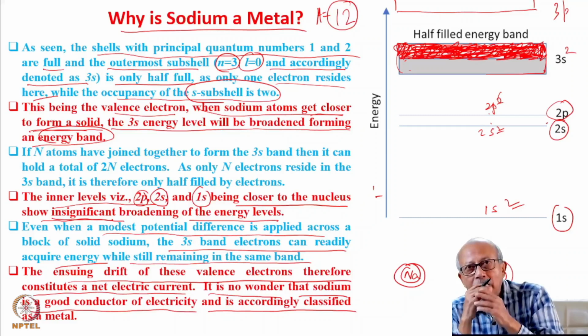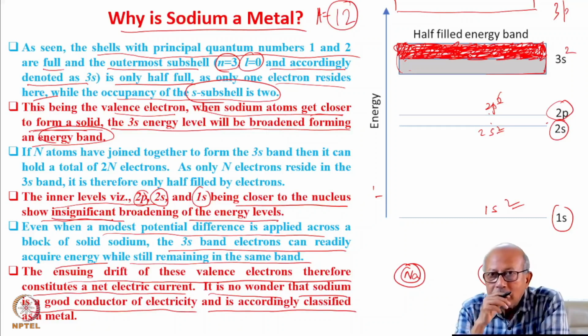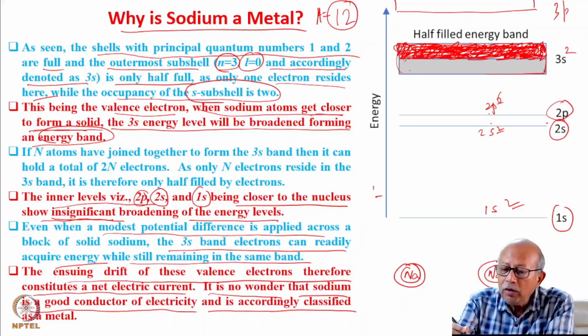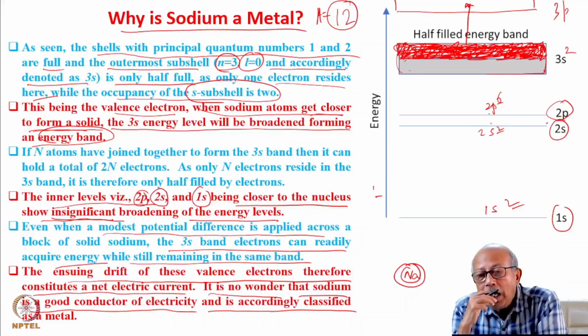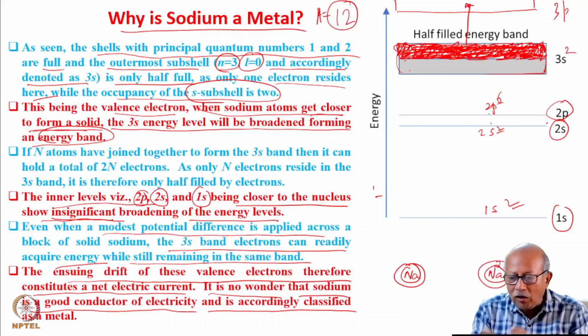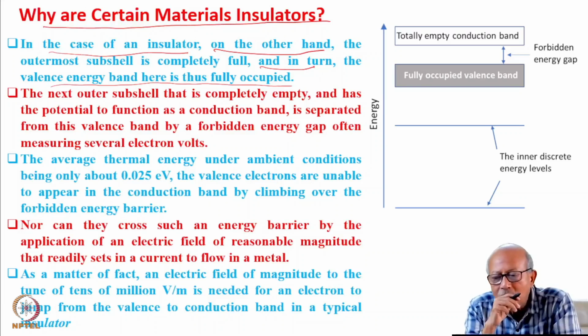If there were an electron, it would be even loosely bound. So for the electron to conduct, it has to first acquire enough energy to be able to jump up into this. And then only it can conduct electricity. So I think with this analogy, you will be able to understand why certain materials are insulators.